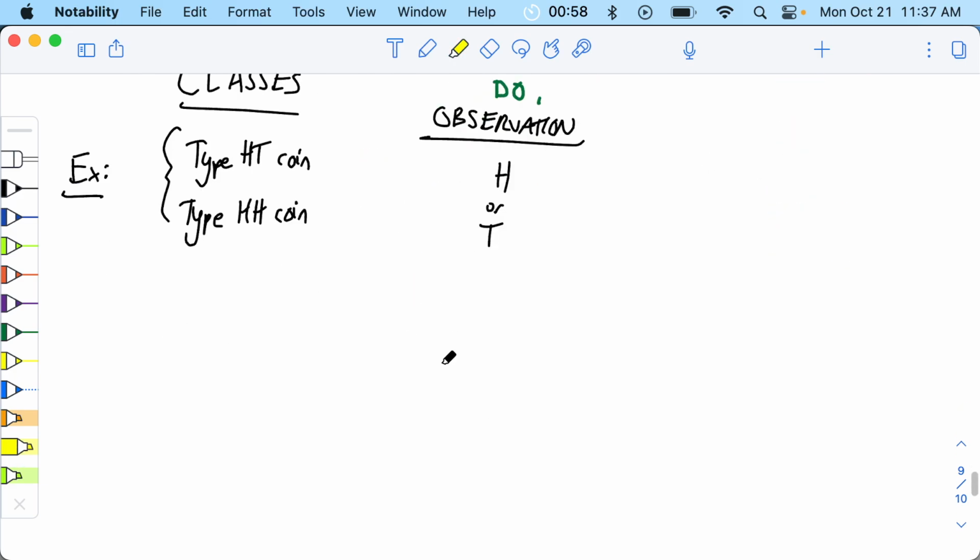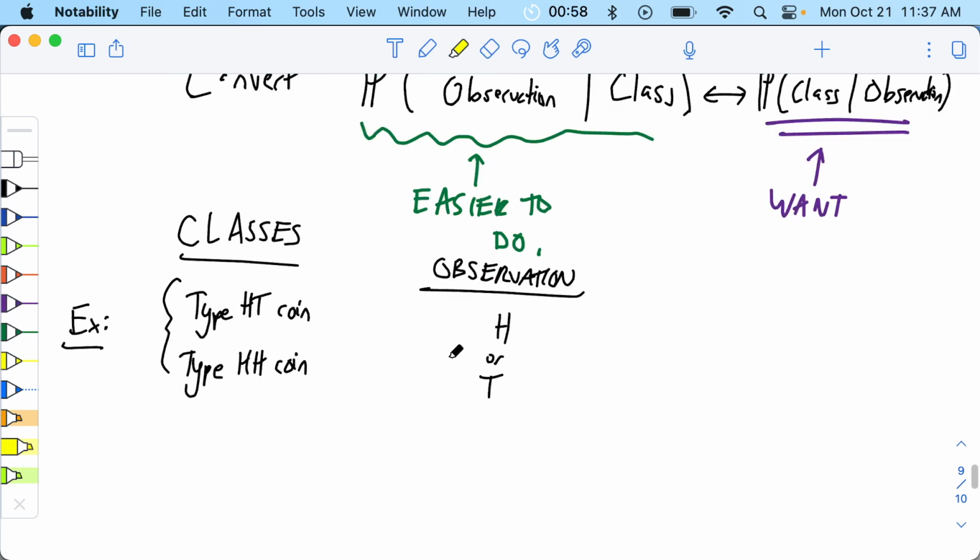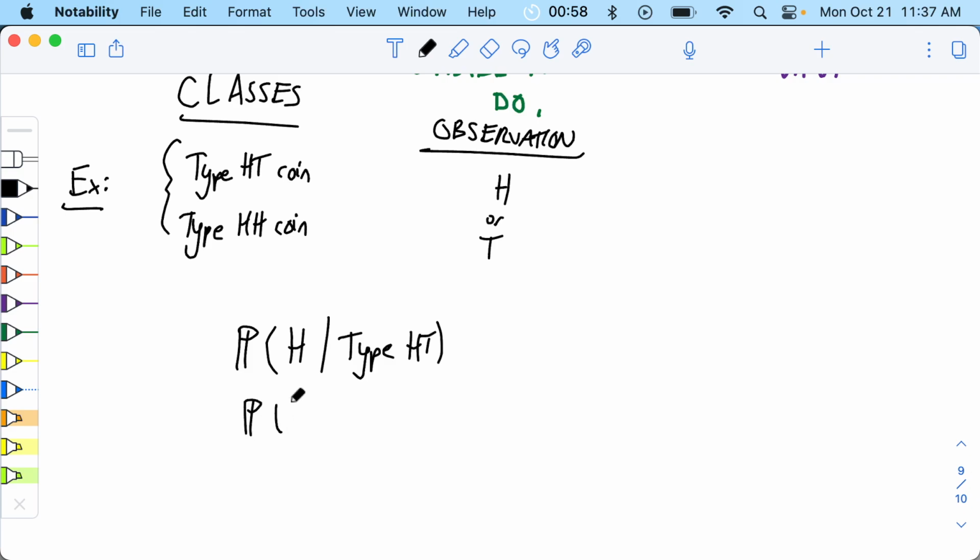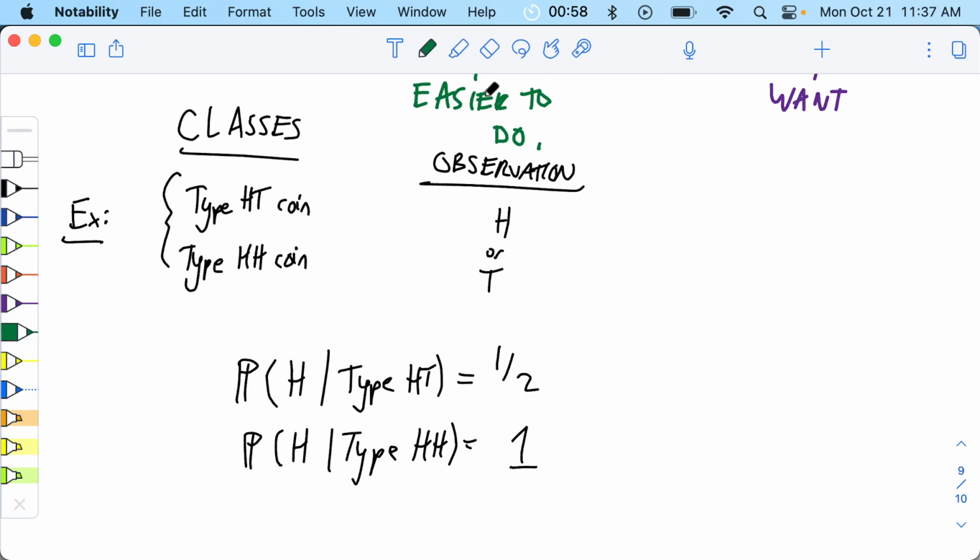And this is a perfect example where calculating the probability of a heads, given it's a type heads tails coin, or the probability that it's heads, given it's a type heads heads coin, these are super easy. Anybody could tell you these. If you have a heads tails coin, what's the probability you see a heads? That's a half. If you have a heads heads coin, what's the probability you see a heads? It's 1. So this is the easy part.